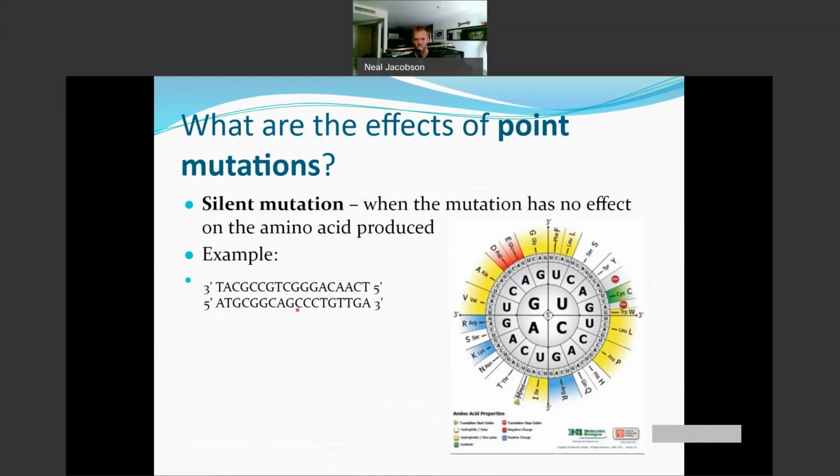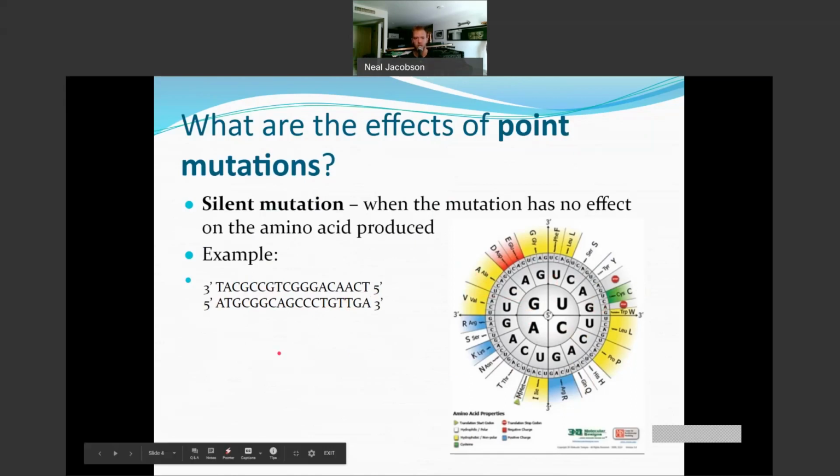The next one would be CCC, so CCC would be proline, PRO. UGU, so we come up here, U first position, G second position, U third position would be cysteine, CYS, and then the last one, UGA, that's our stop codon. Doesn't code for an amino acid, it just has that release factor, right?